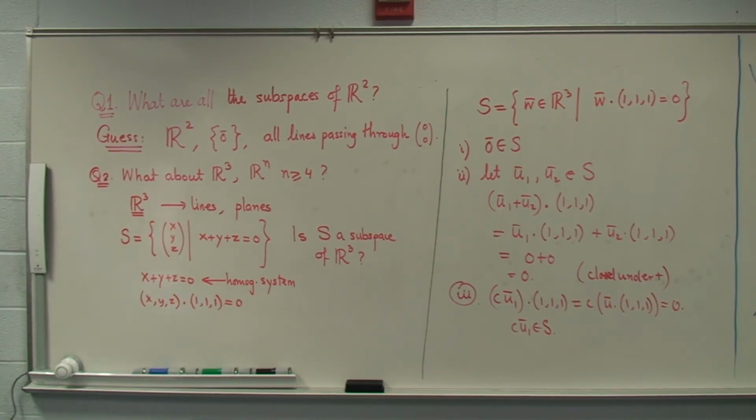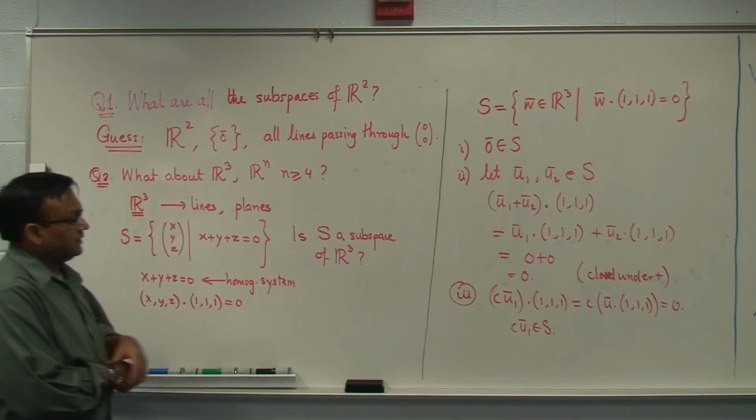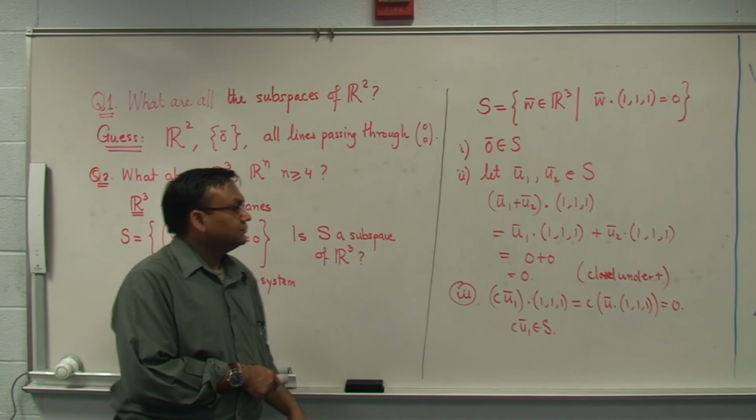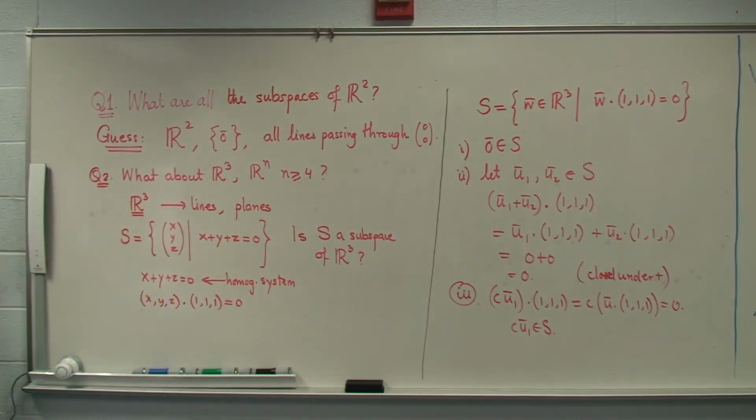So if I take any one vector, anything orthogonal to that will be a subspace of R3. In fact, if you look at the proof, if I take a vector in R4 and take things which are orthogonal to that vector, whatever that object might be, according to the proof we have given it will also turn out to be a subspace.